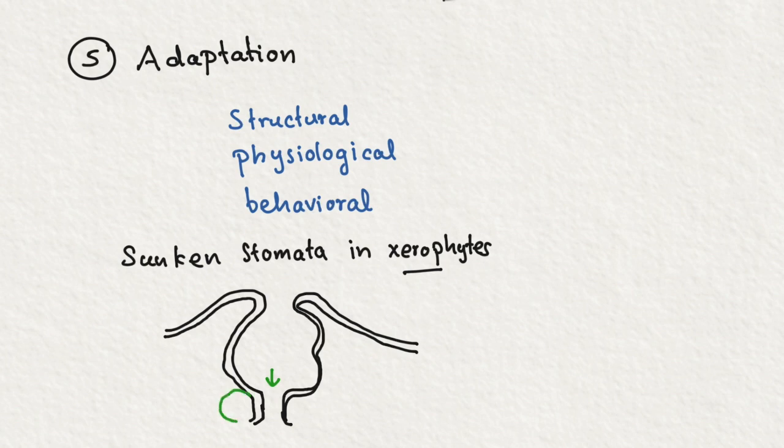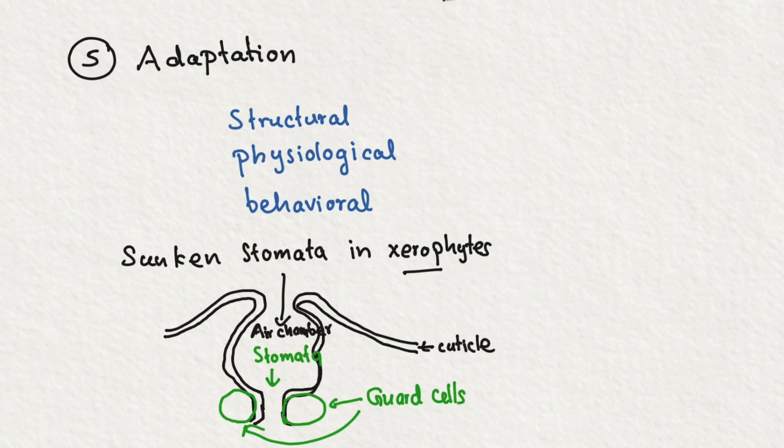So we can see the two guard cells here. So this is the stomata. So there is an air chamber. So that's an adaptation to live in environments with low amounts of water.